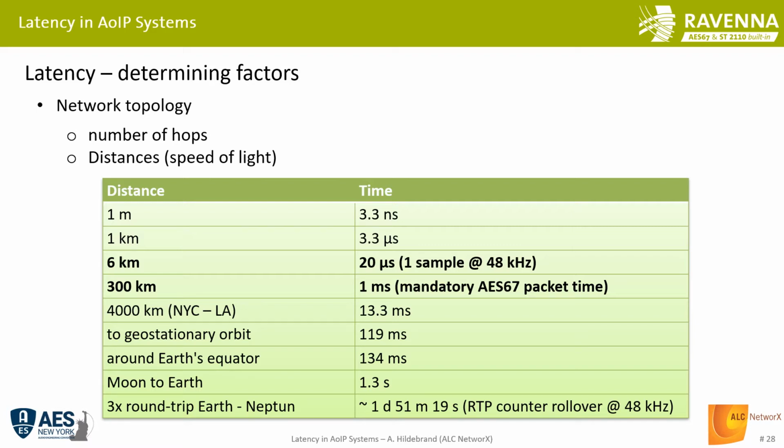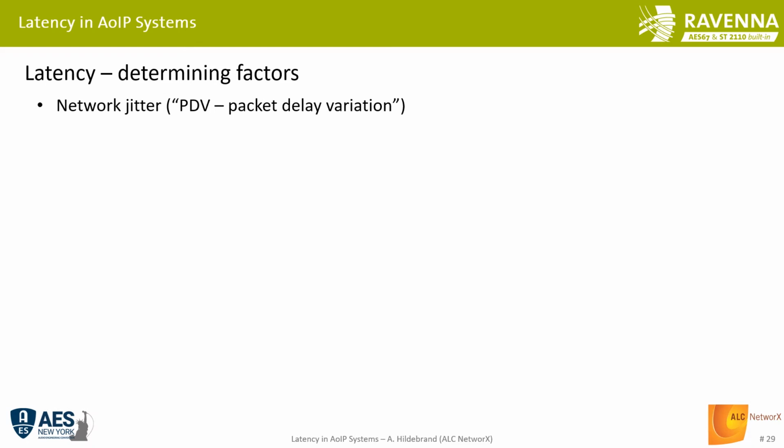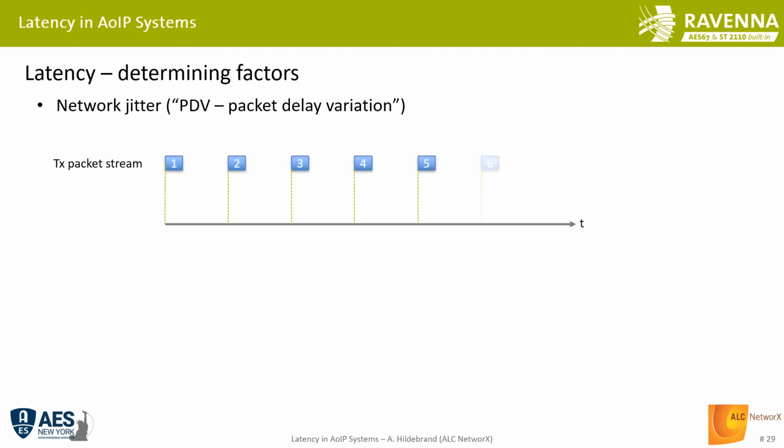Okay, then these are all things which are fairly easy to grasp. What comes into play with packet distribution, with networked media transport, is the network jitter or packet delay variation, PDV. What's that? Now, let's assume we have a transmitter sending out packets, in this case AES67 packets, so it's sending out a packet once per millisecond, right?